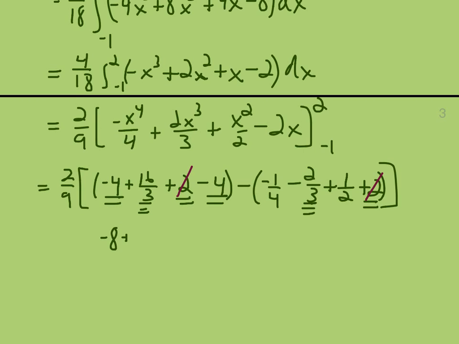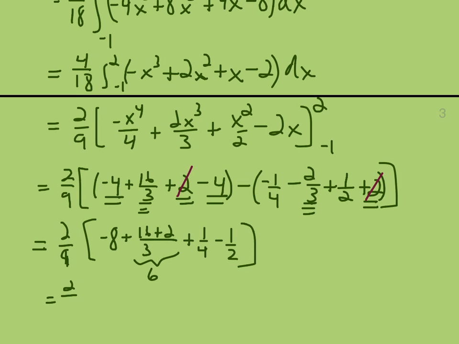So plus the 16 thirds and the 2 thirds. And then what's left is the plus the 4th minus the half. Remember once again that the 16 thirds and the 2 thirds together give you 18 thirds, which is 6.